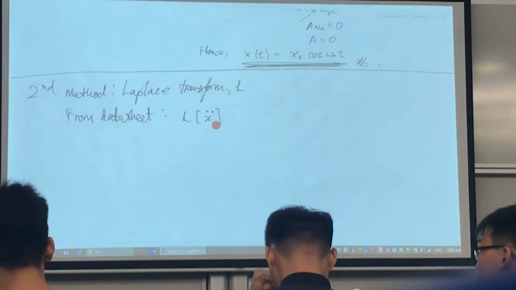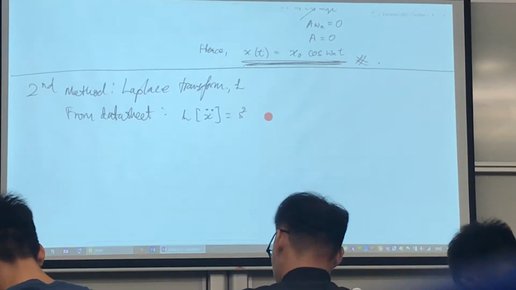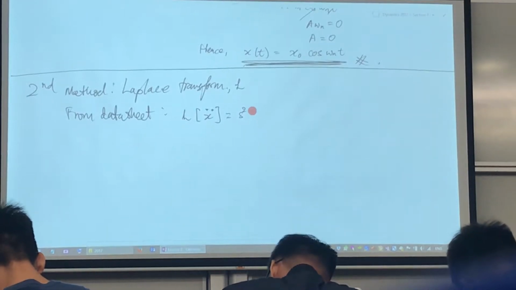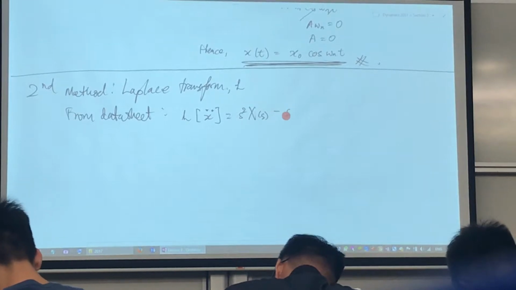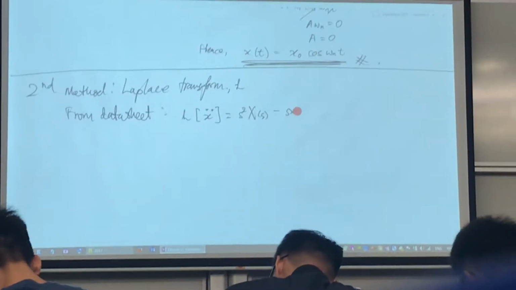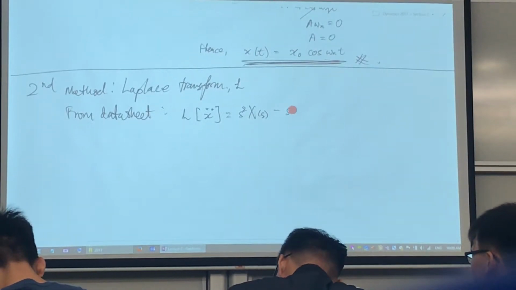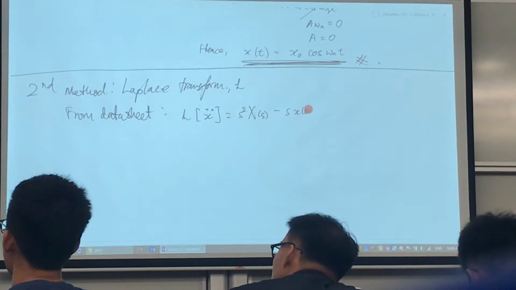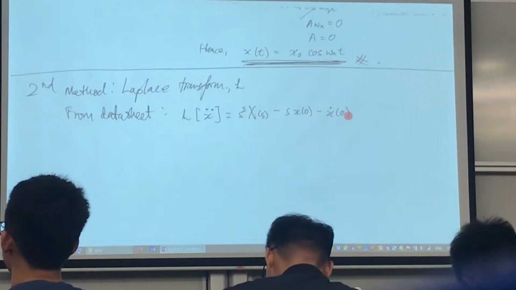So if I were to use that table you saw just now, the Laplace transform of x dot dot, you can refer to your data sheet as well. In fact, you need to know it very well. Capital X of s, minus s x at time 0, minus velocity at time 0.